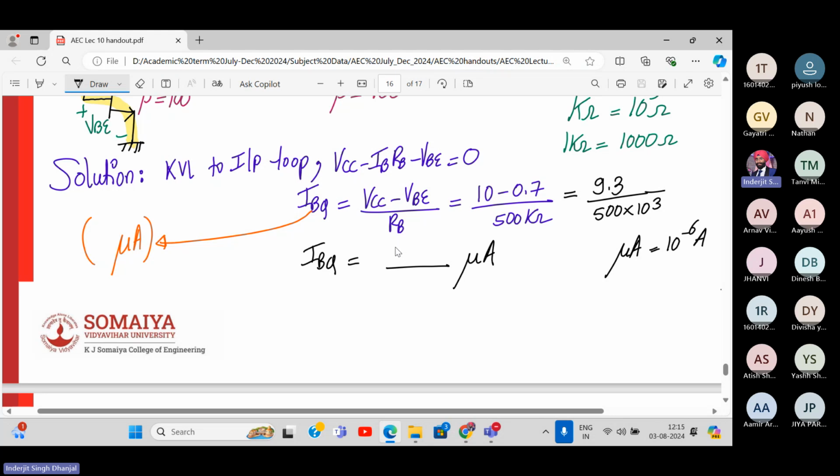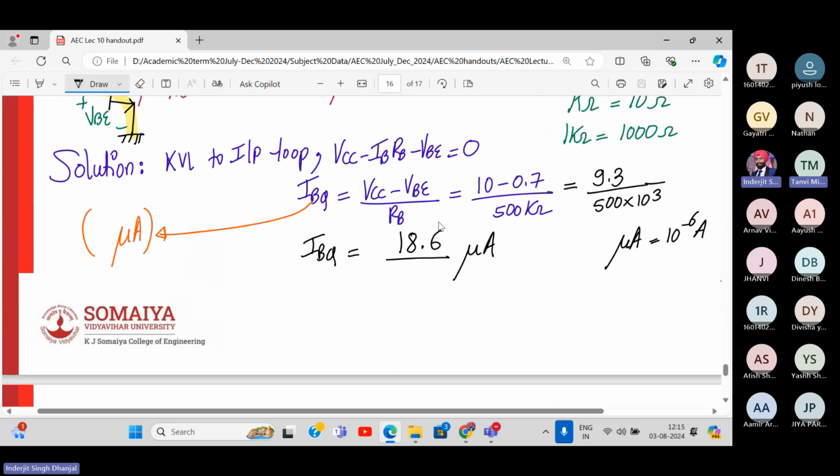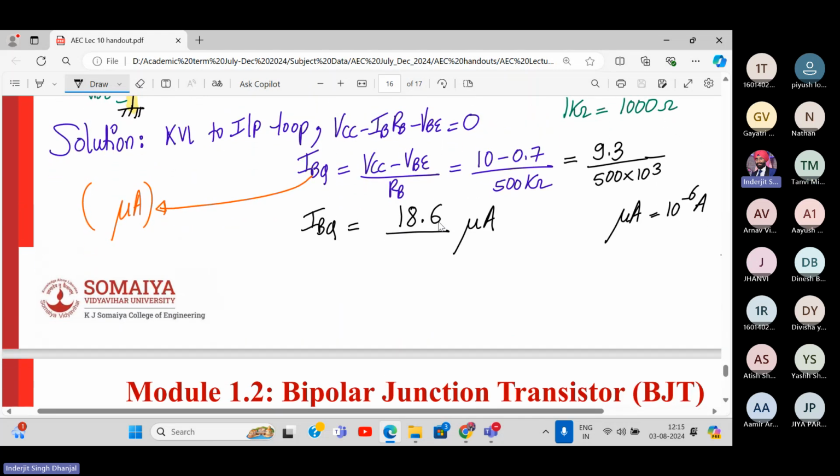Proper value of IBQ is how much? It should be around 18.6. Are someone getting 18.6 microamperes? So you should get 18.6 into 10 raised to minus 6 in your calculators. Students, please let me know. How will I get to know whether you are getting the answer or not? Please respond. Yes, sir, it's 18.6.